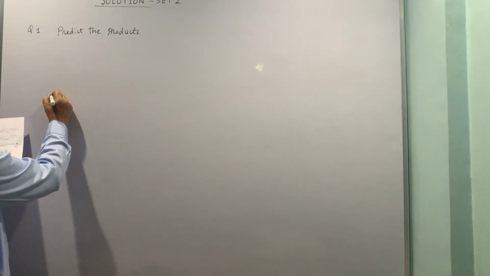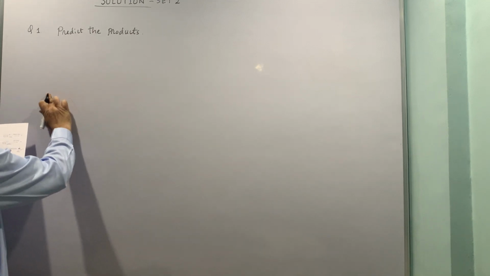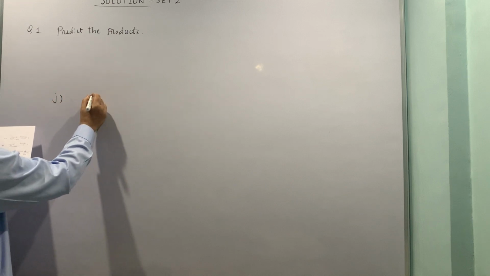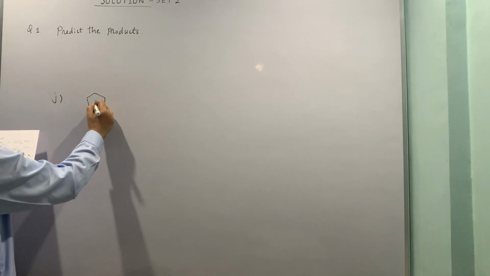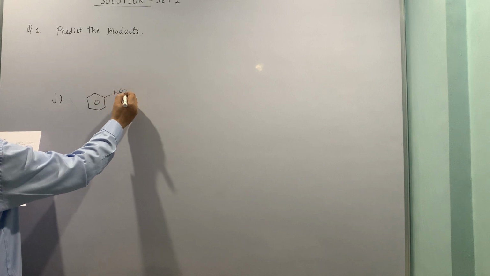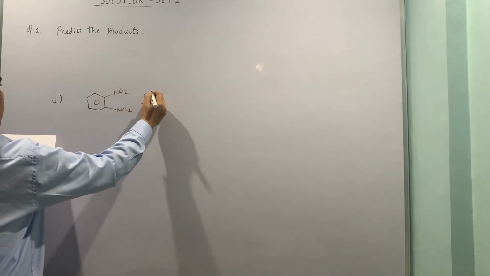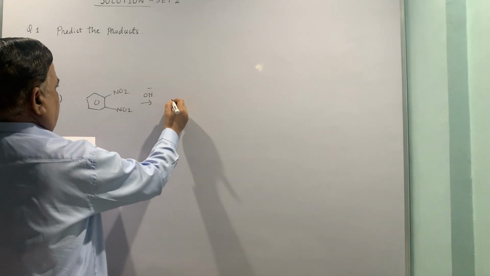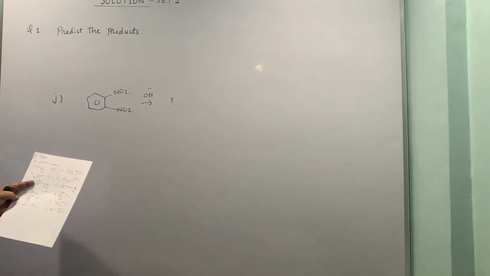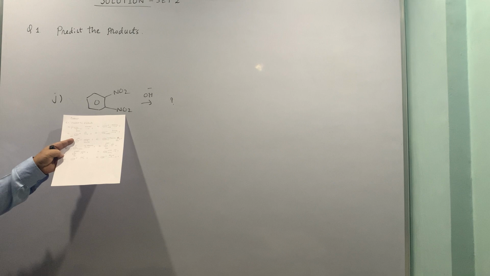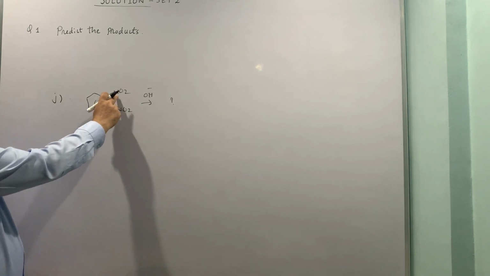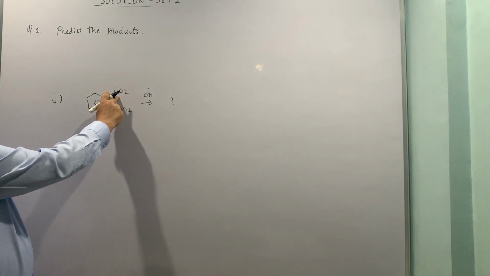Next example, orthodinitrobenzene is treated with OH minus. Now here, if you consider this as the basic substrate, this is the substituent located at ortho.